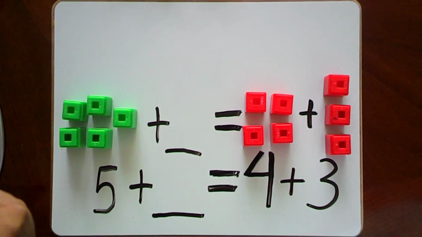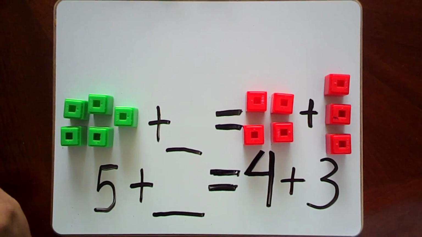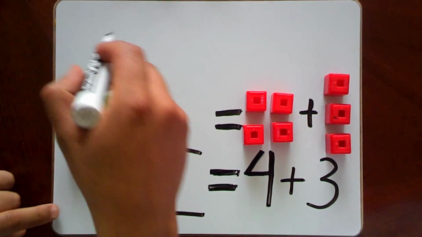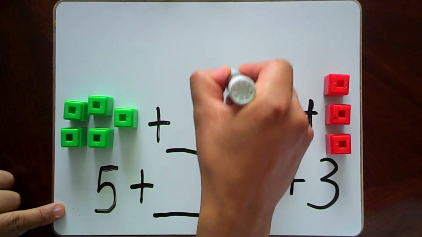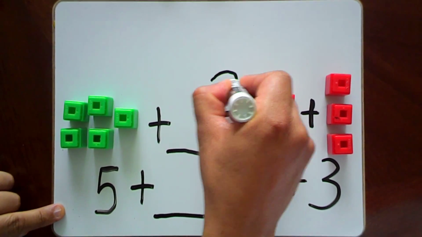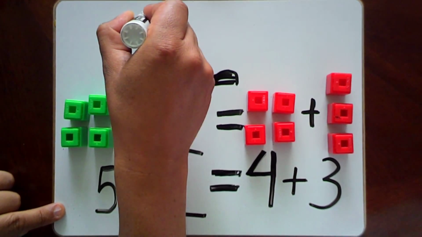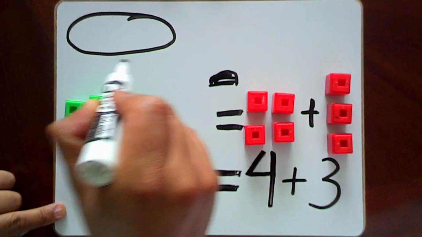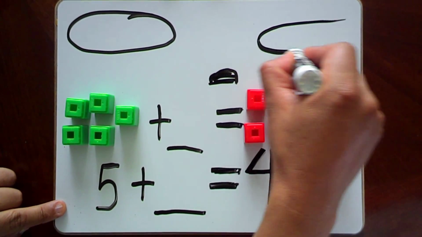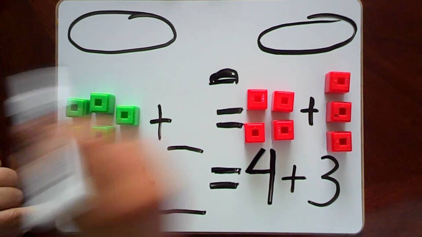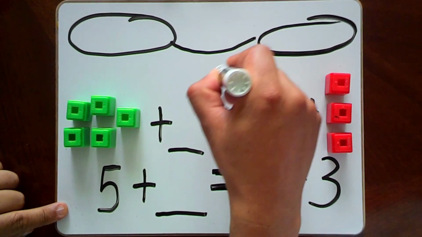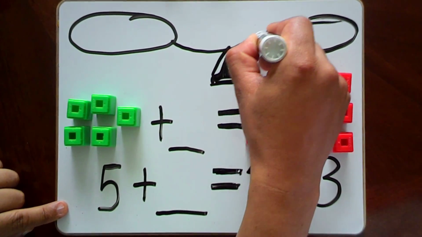Okay, so let's do our comparison to the balance scale. And here is my equal sign, so that's going to be the center of my balance scale. And I'm going to have a pan on the left and a pan on the right, and this is my balance scale.